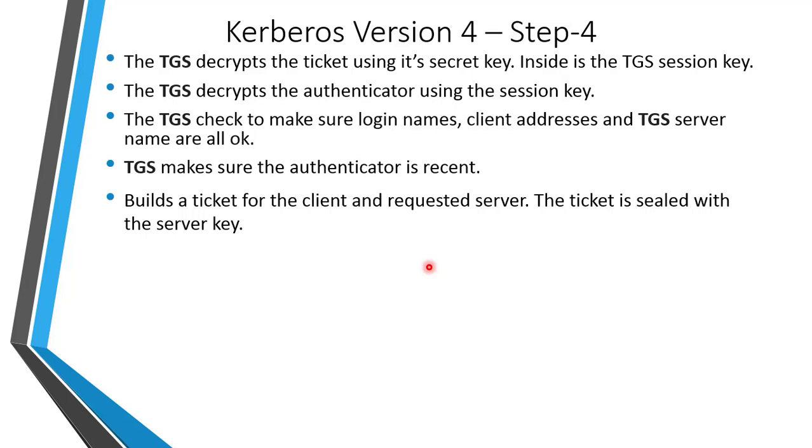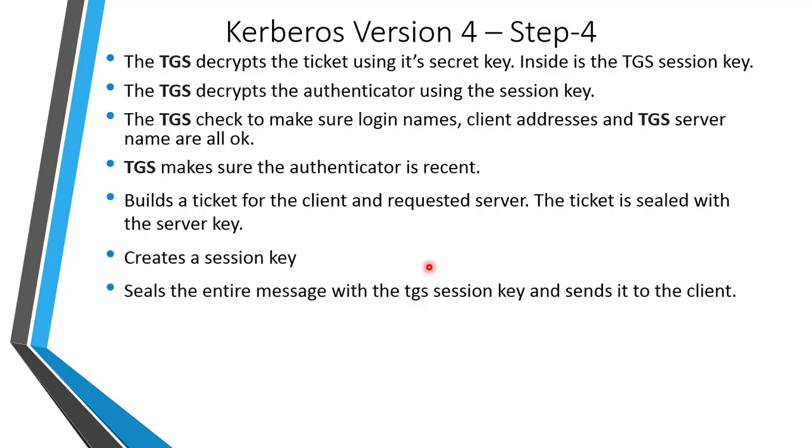The ticket is sealed with the server key, and it creates a session key which has to be shared between the user and the application server. It seals the entire message with the TGS session key and sends it to the client.